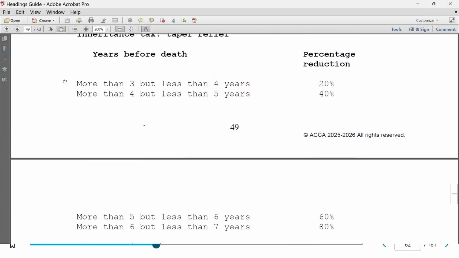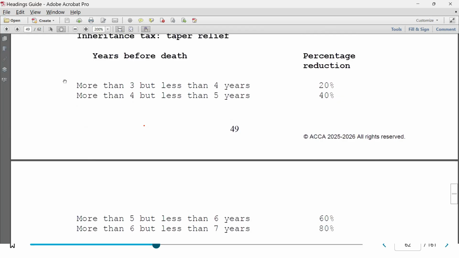So it means that if the gift was given and then he lived for more than 6 years, but less than 7 years, the maximum relief would be 80% and you would end up paying 20%. In the question that we were doing, it was more than 3 years, but less than 4.